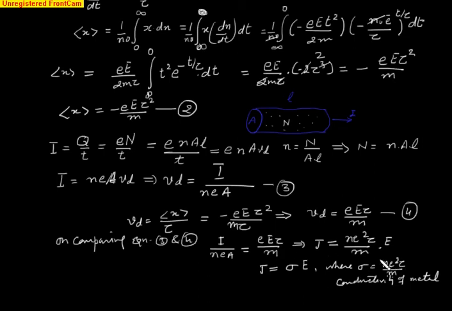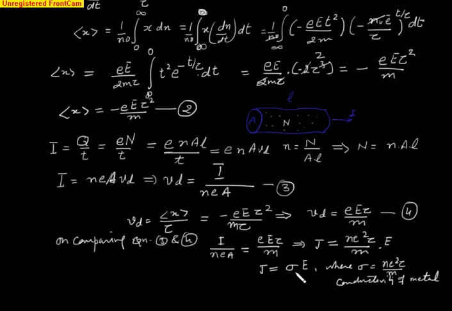It means the conductivity depends on these microscopic properties: how many particles per unit volume are in the metal body, the charge of the electron, the relaxation time between any two successive collisions, and the mass of the electron.